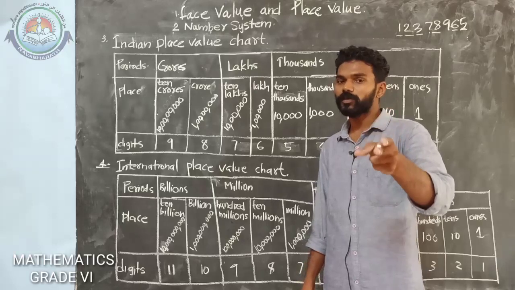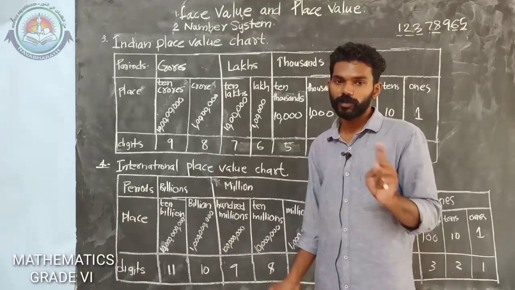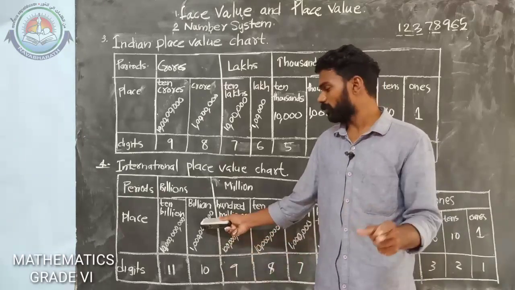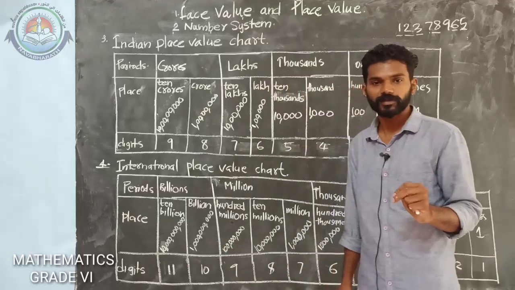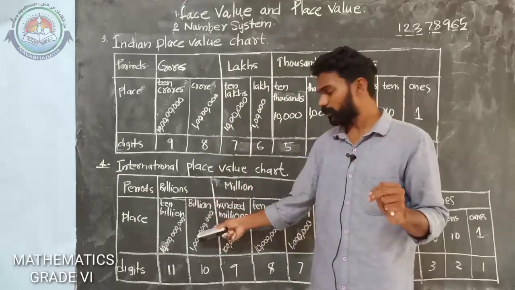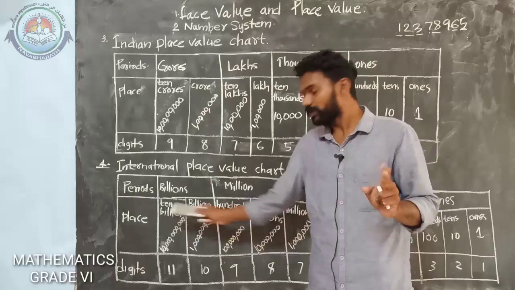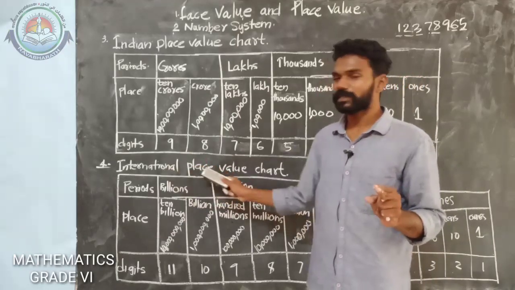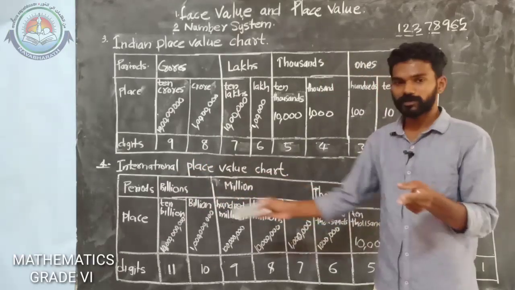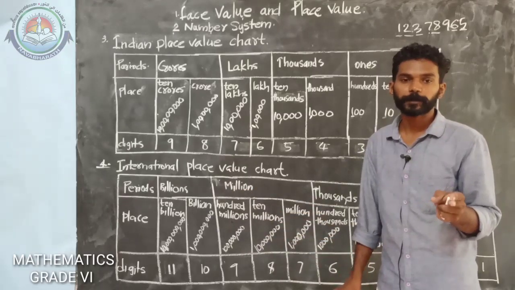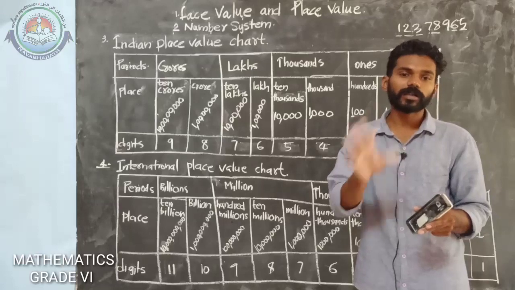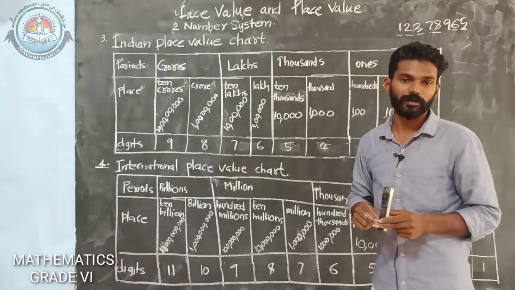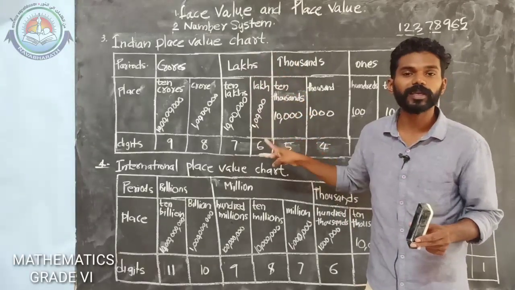Actually there is one more place value in billions also, but in sixth standard we need to discuss only up to these 11 digits. So in billions, which are the place values? 1 billion and 10 billion. So this is how the international number system is organized. Clear? So I hope you are clear about the Indian and international number systems and their respective place value charts.